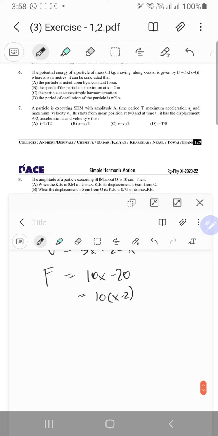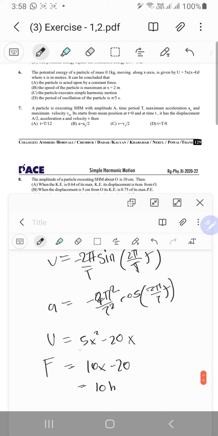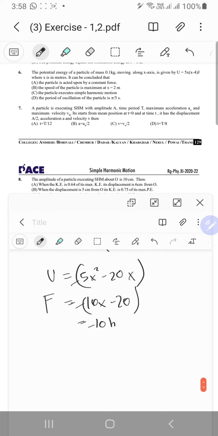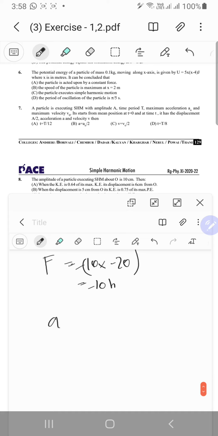So it's linearly related. If it's h distance away from the point x equals 2, then the force will be 10h. Actually, it should be the negative of this, so negative 10h, which makes sense, right? It's going to be SHM. It's a 0.1 kg particle, so acceleration is just negative 100h.